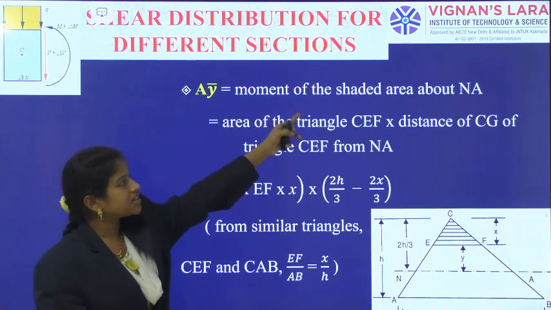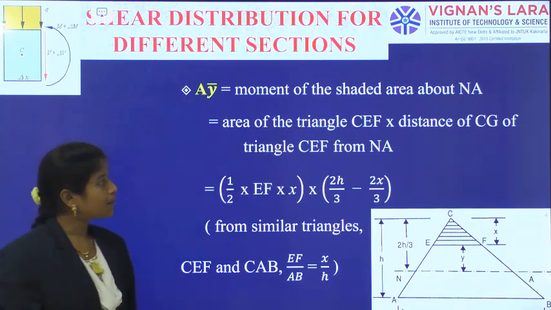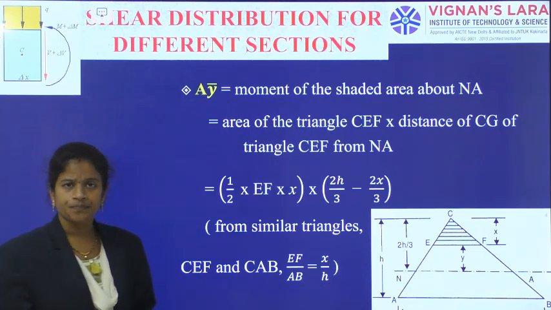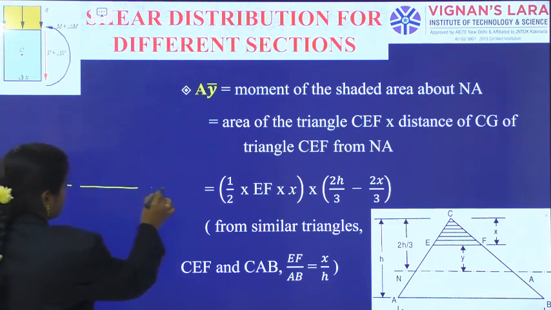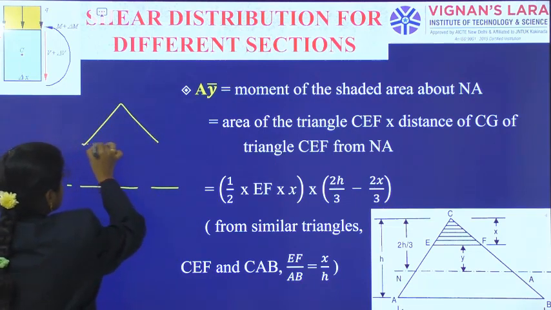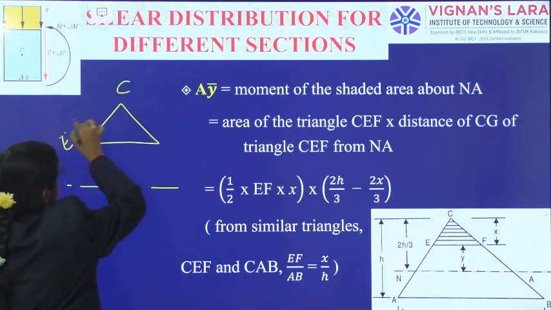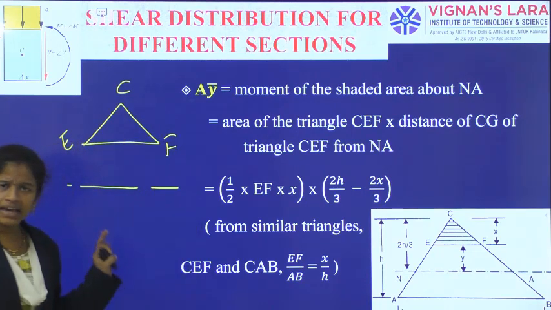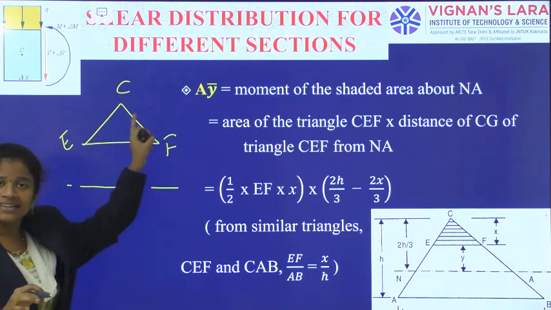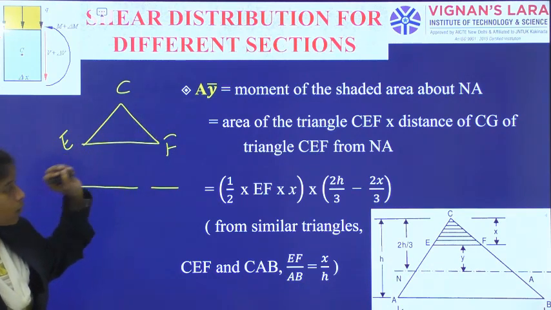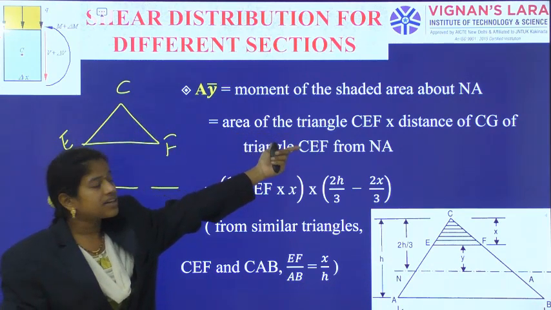So the moment of the shaded portion about the neutral axis is equal to, only this portion I needed. So that portion C, E and F. The remaining I am not seeing at all, only the axis and the area I have to consider. That is the area of the triangle CEF.